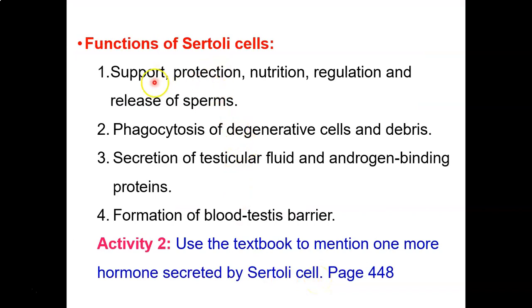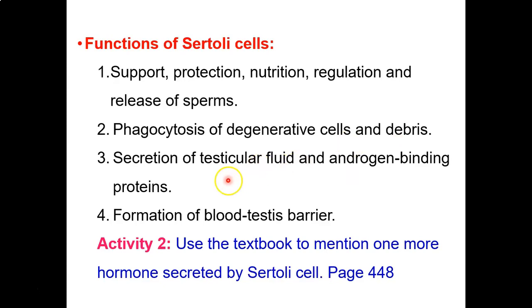The functions of Sertoli cells: support, protect, nourish, regulate, and release sperm. This is number 1. Number 2, phagocytosis of degenerated cells and debris, especially the residual body, the extra cytoplasm remaining from the spermatozoa.